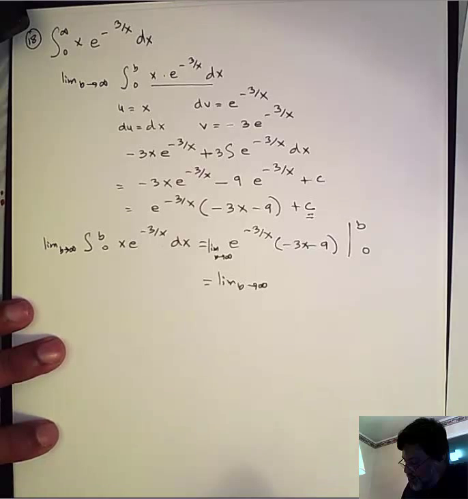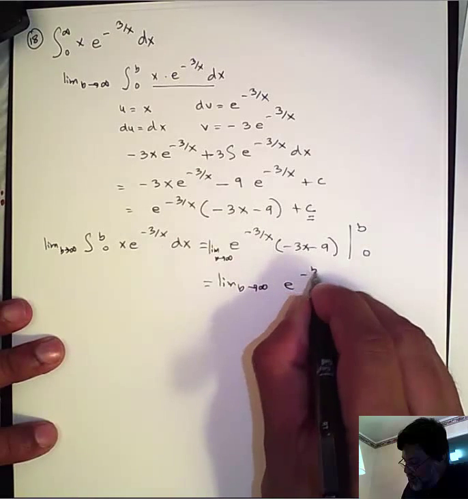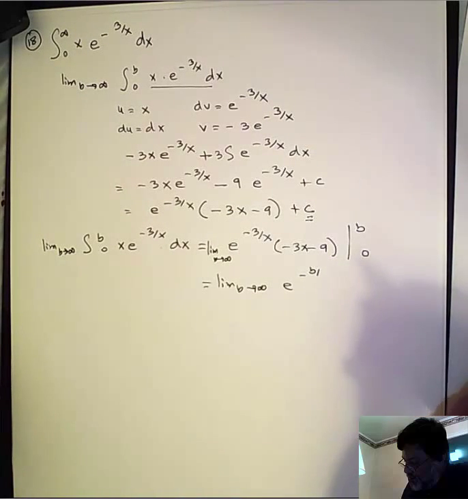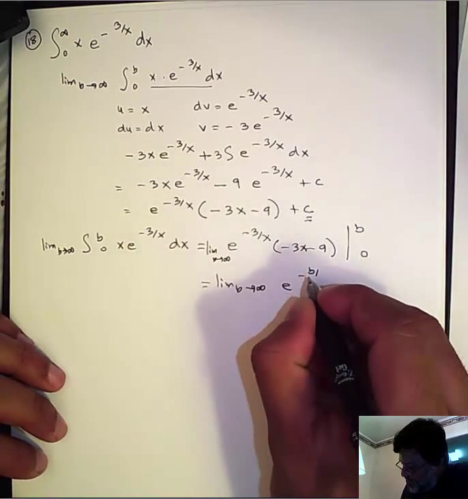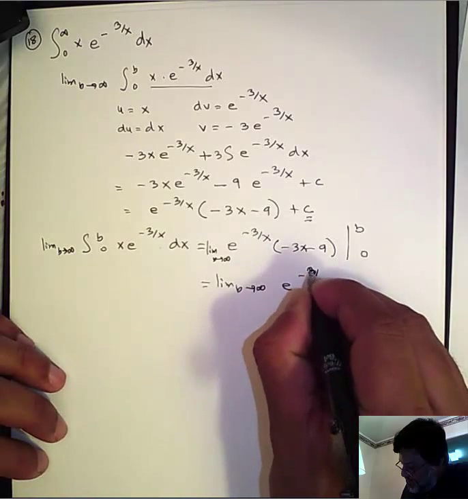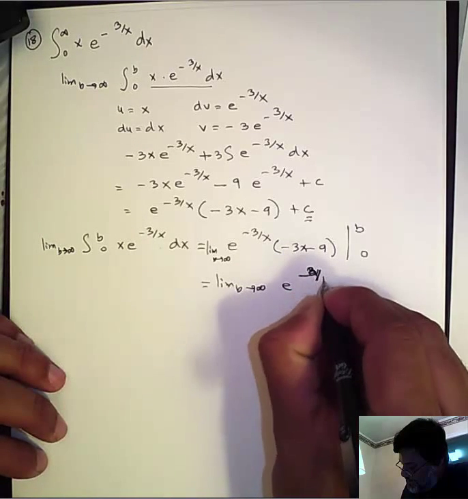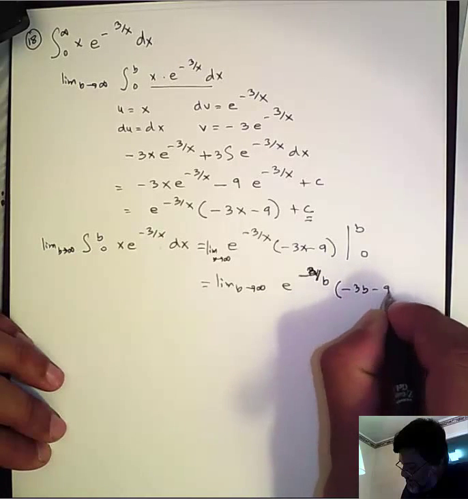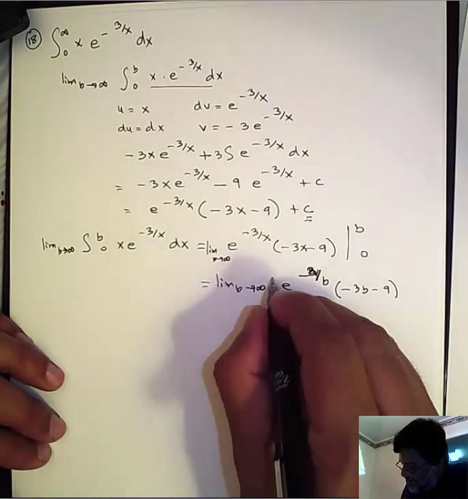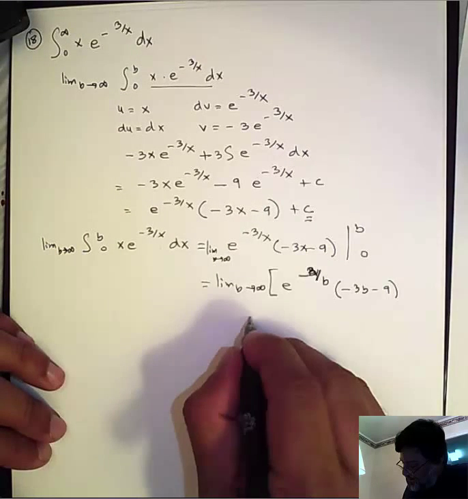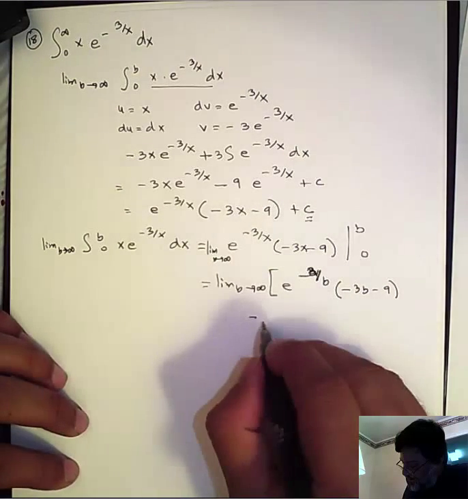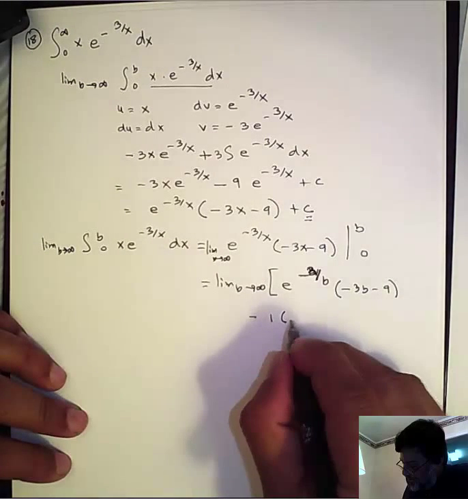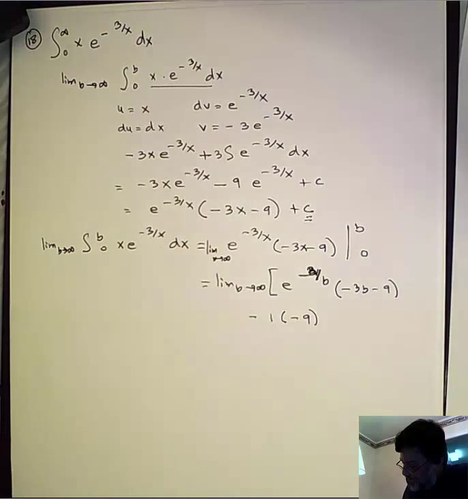Well, if I plug in b, don't I get e to the negative 3 over b, right? Times negative 3b minus 9, and then minus, if I plug in 0, I get e to the 0 or 1 times negative 9, right?